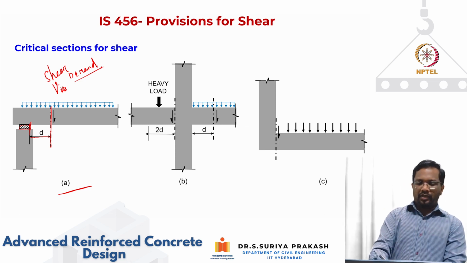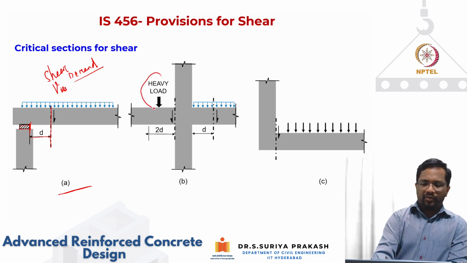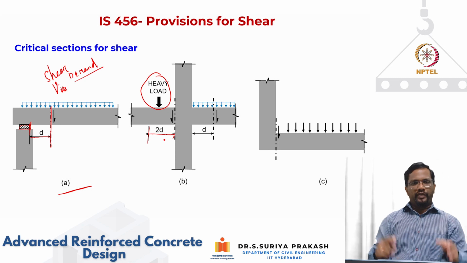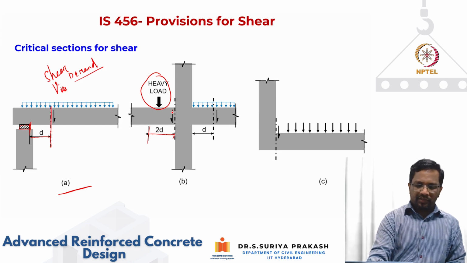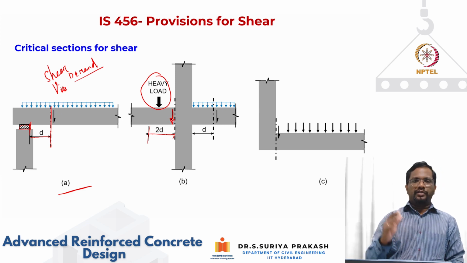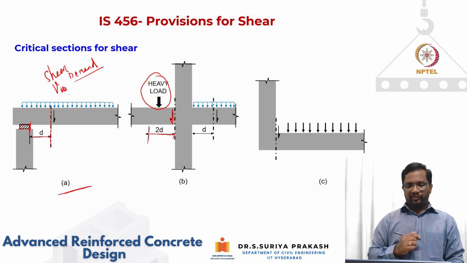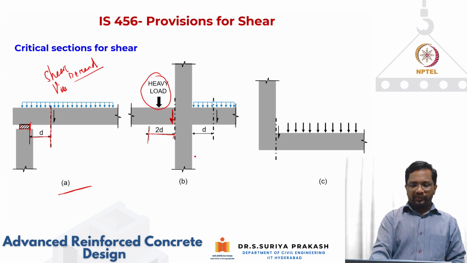However, if you are having a heavy load within a distance of d from the face of the column, some point load, for some reason it is coming. In that case, you have to consider the section only at the face of the support, not at a distance d from the face of the support. You have to consider the critical section at the face of the support. For example, you have scenario two here. Okay, on this left side you have a heavy load, right side you have a uniformly distributed load.